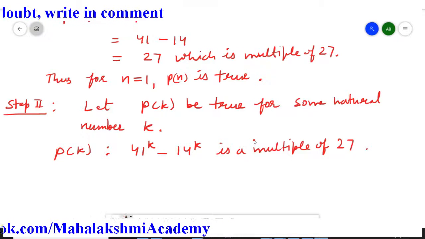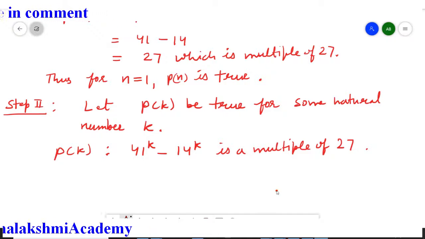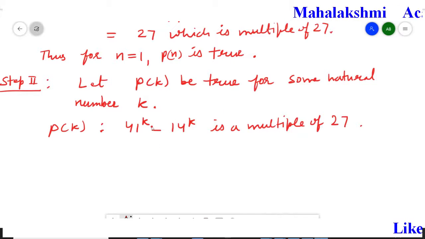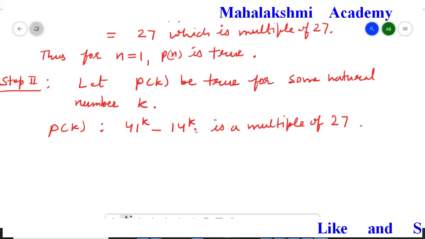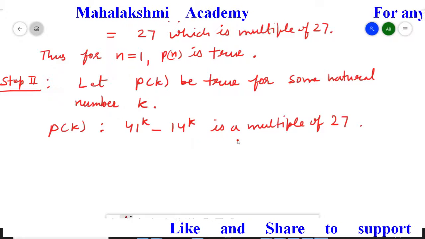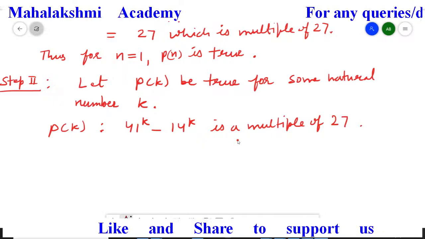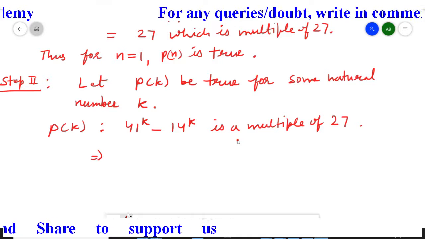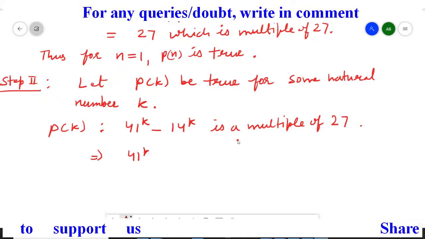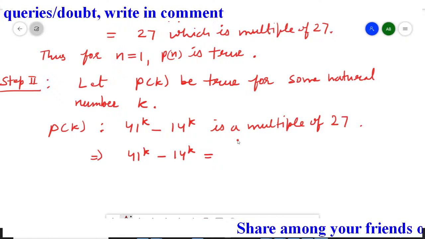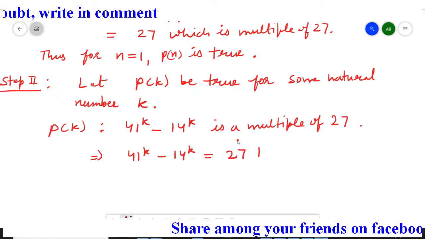Now from this information, by the division rule, if it is a multiple of 27, then we can write this 41 raised power k minus 14 raised power k as 27 multiplied by an unknown number, because it's a multiple of 27. So we have to write down the statement in mathematical form: 41 raised power k minus 14 raised power k is equal to 27 multiplied by d.